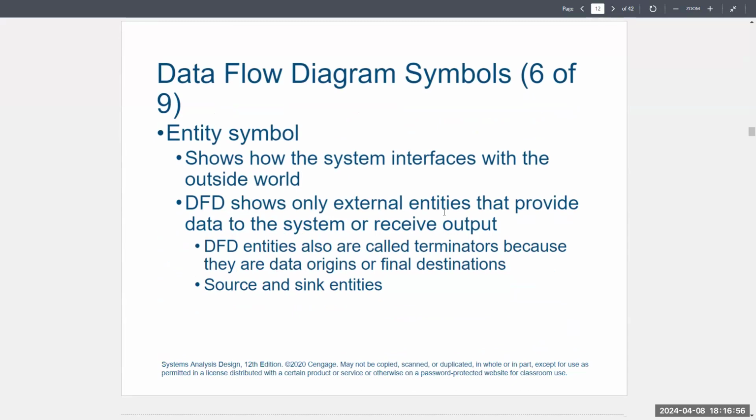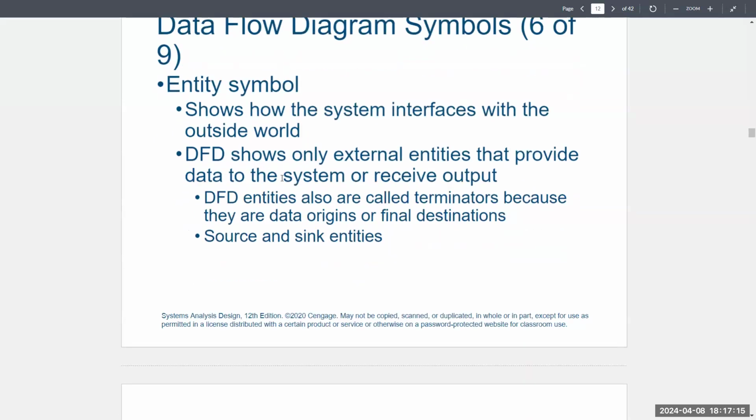So there may be so many systems in a company, but our system may not interact with all of the systems. We only show the systems that our system is interacting with in that DFT. It could be 2, it could be 4, right? But not the hundreds of systems we have in the company. And these are the systems that our system is receiving input from or sending output to, right?